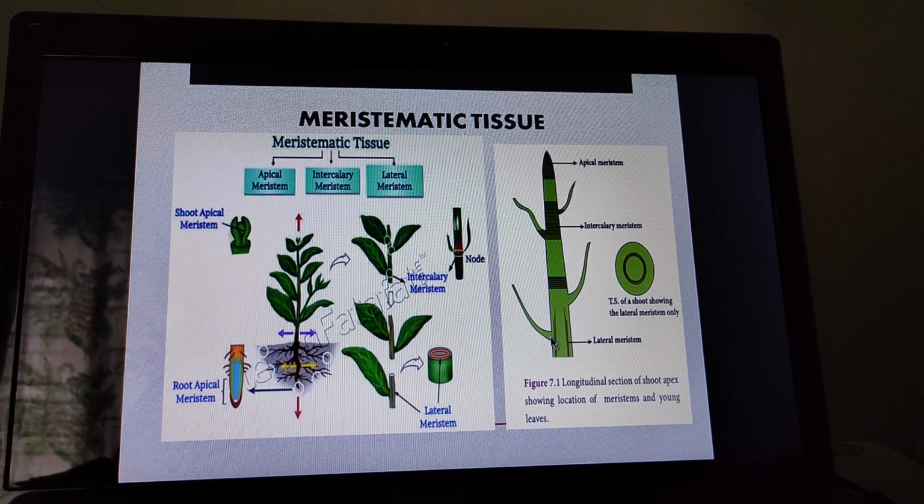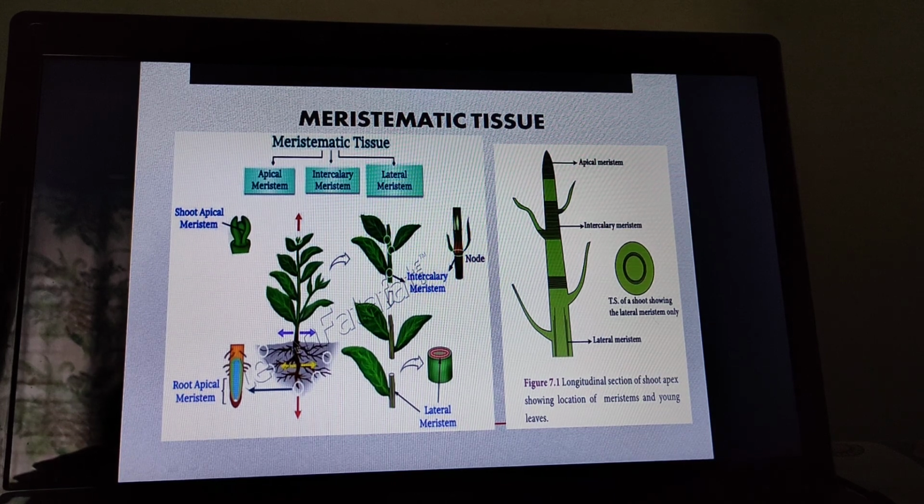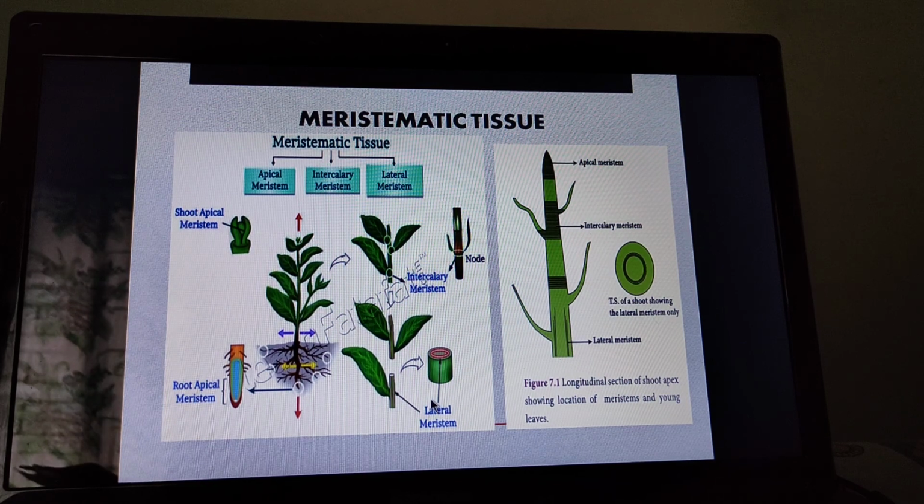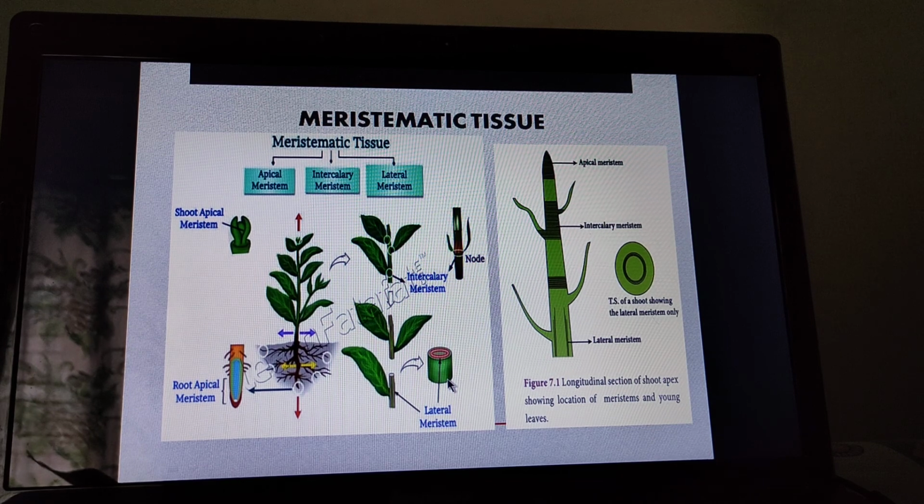So where is the lateral meristem present? Present at the lateral side of root and stem. So at the lateral side of the root and shoot, which meristem present? That is lateral meristem. If lateral meristem divides and grow, the plant increases in what? That is, plant increases in width and thickness.